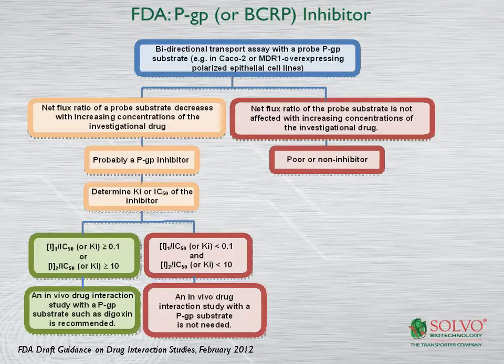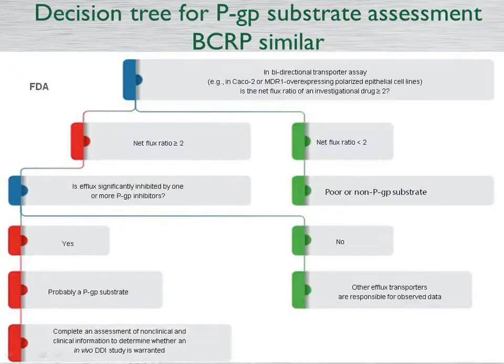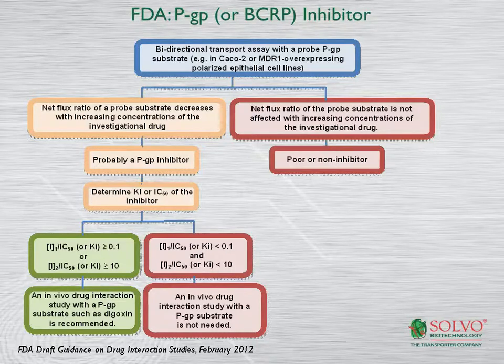Here I want to show the decision tree as it looks in the guidance. I think we made it very nice, so it's easier. Here it's for substrates, and here it's for inhibitors. That means it's also for CACO2 cells or MDR1 overexpressing cell lines.